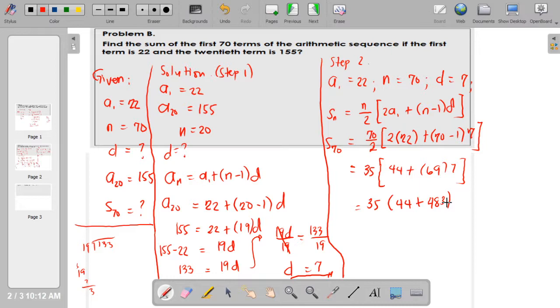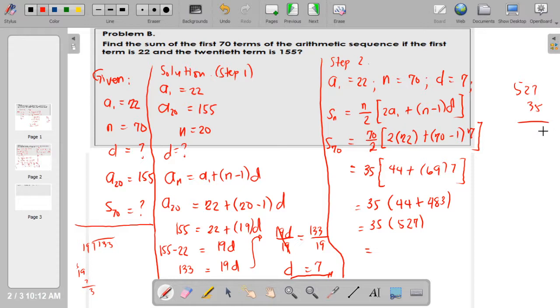So it's 483. Now from here we copy 35 and then we add 44 and 483. That should be 527. And then we multiply 35 and 527.